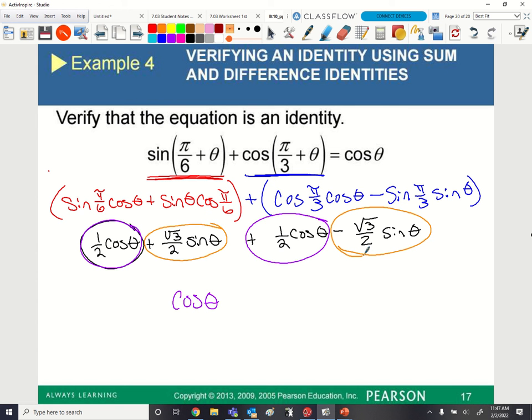That's going to be 0 because I'm adding rad 3 over 2 sine theta, and I'm subtracting rad 3 over 2 sine theta. So when I combine those two together, it's going to give me just 0, right? So that's going to give me plus 0. I don't really even need to put the plus 0 there, but I'm doing it here so you can see by colors that that just became 0.